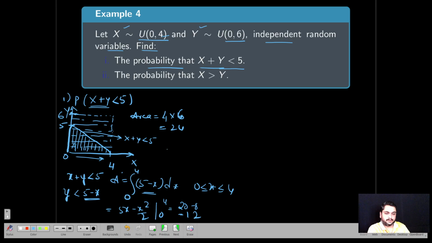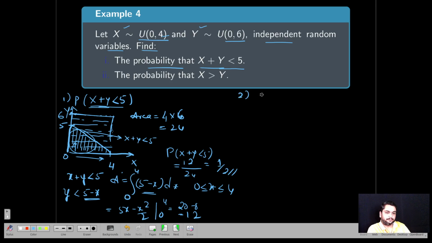So what is the probability now? Probability of x plus y less than 5 is the area, 12, divided by the entire box, 24, that is 1 by 2, the answer.